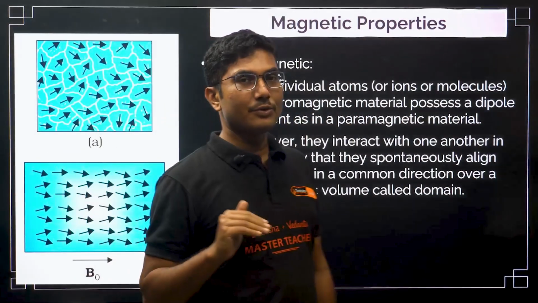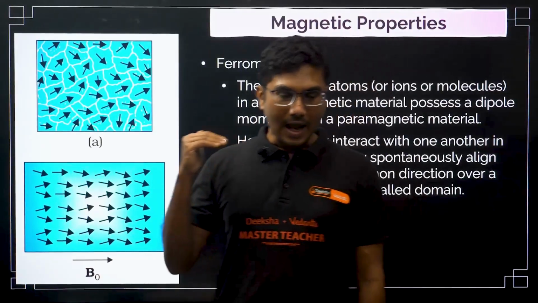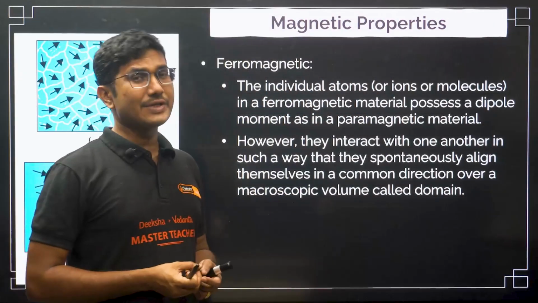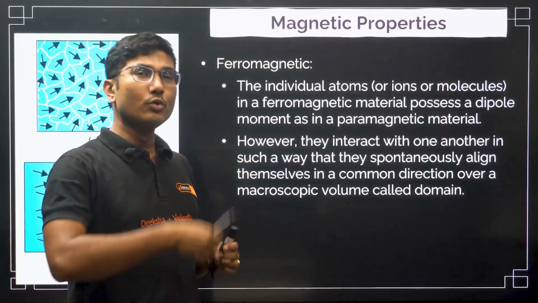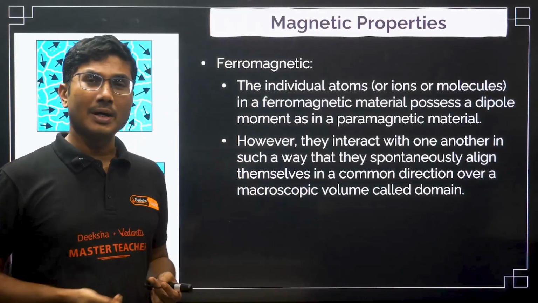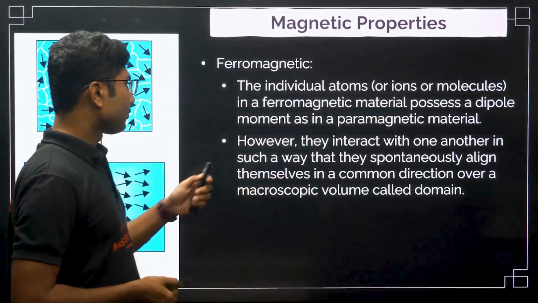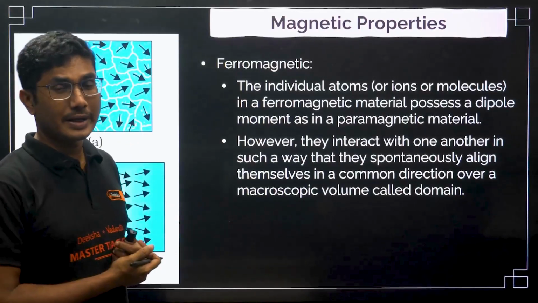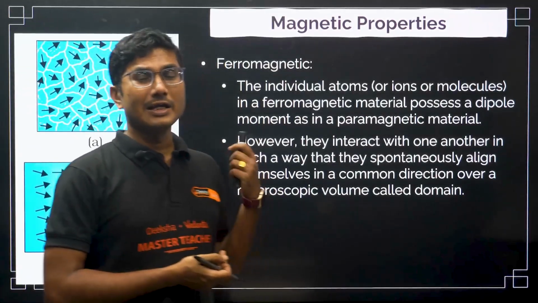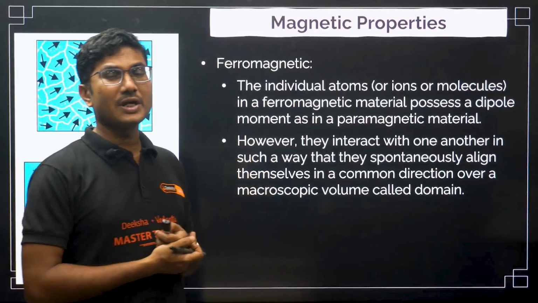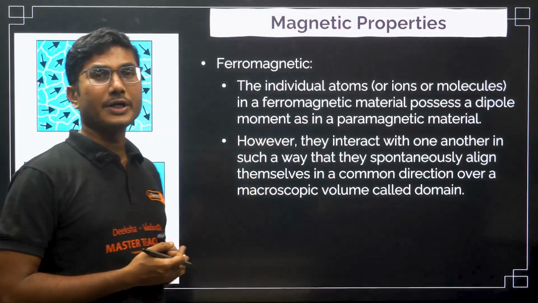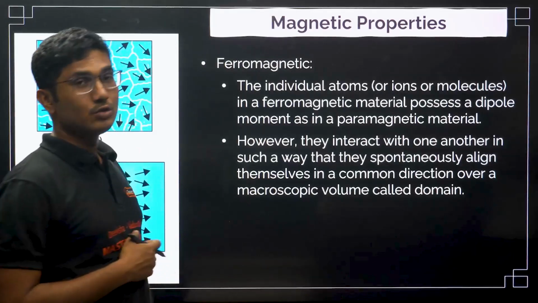If you heat up a ferromagnet above a certain temperature, it behaves as a paramagnet. If you cool it down, a paramagnet will become a ferromagnet. Diamagnetism is not directly related to paramagnetism and ferromagnetism, even though, as I mentioned, diamagnetism is a more fundamental property than these two.